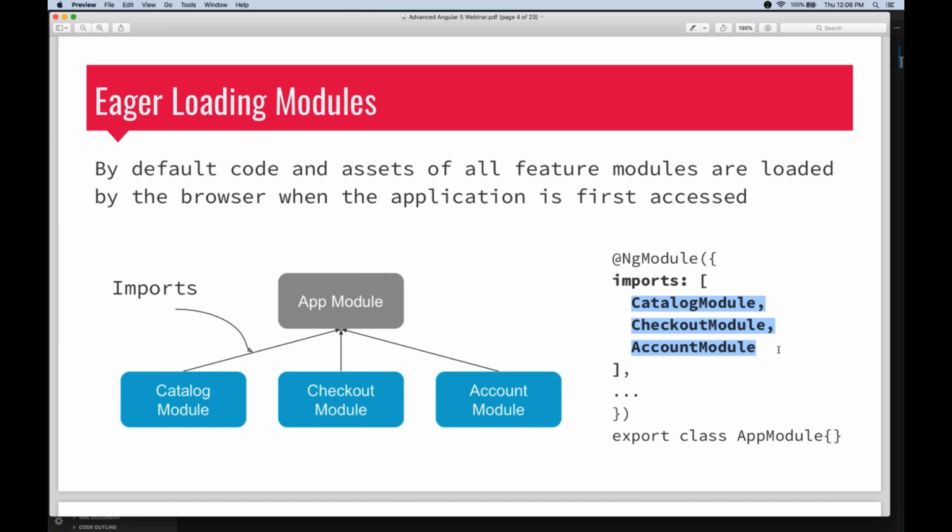So what we can do is lazily load some of these feature modules, like the checkout module and account module, so that your application loads faster when the user first comes to your website. You can speed up the initial load of the application by lazily loading some of the feature modules and not loading them up front. So this is very easy to do in Angular.